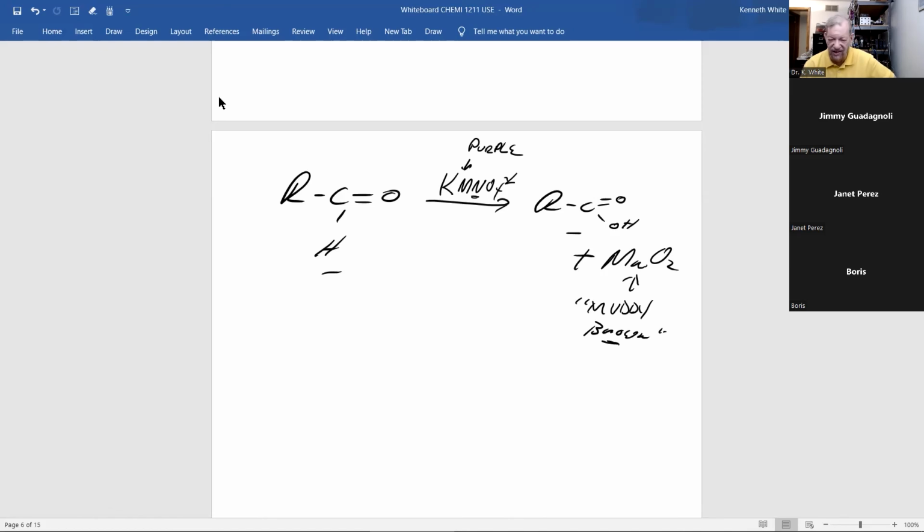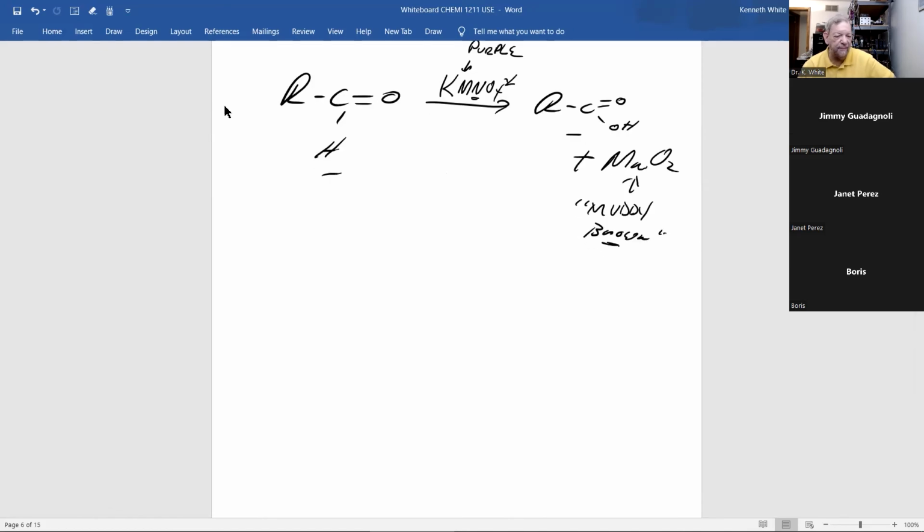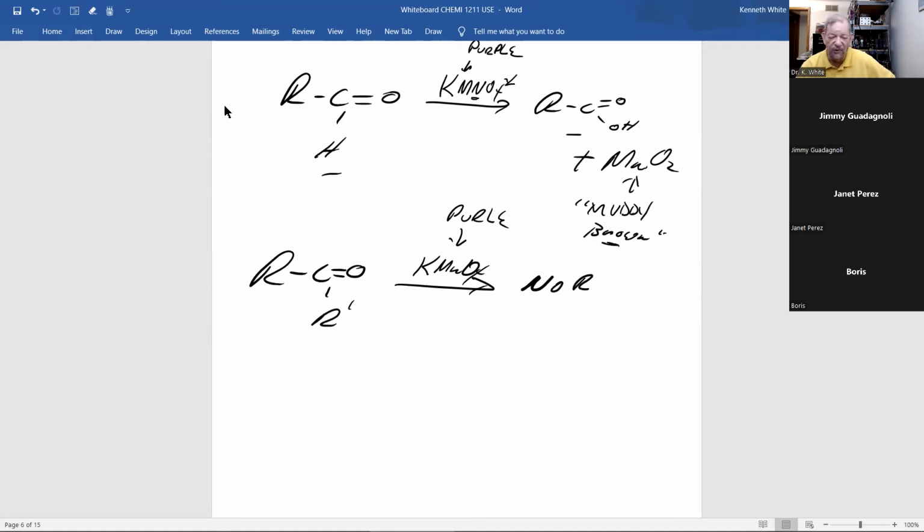Now let's look at a ketone. That's a better way of writing KMnO4. This is still purple. Ketones can't be oxidized, so no reaction.